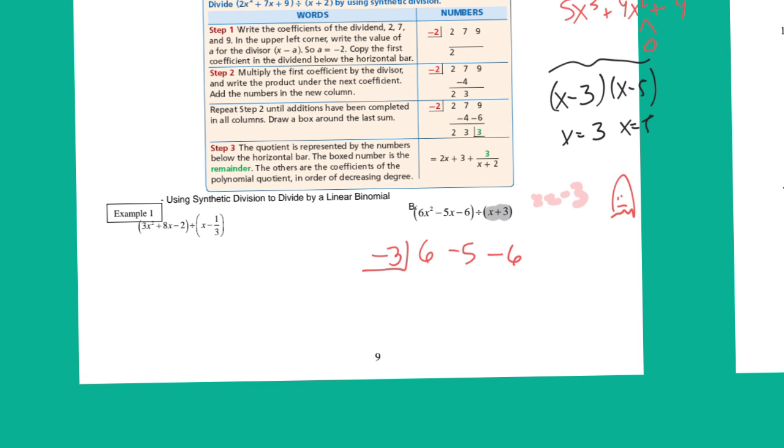And so how you do synthetic division is you put the value for x in the box, you write down the coefficients of your dividend, and you skip a line, and then you draw a line right here. So you skip a little bit of space, kind of double space here. You bring down the first term, just do nothing to it. Then you find the product of this number by this number, and you put it right here.